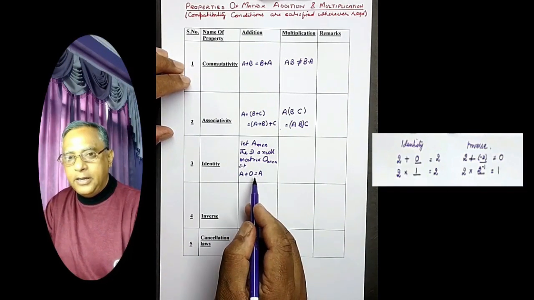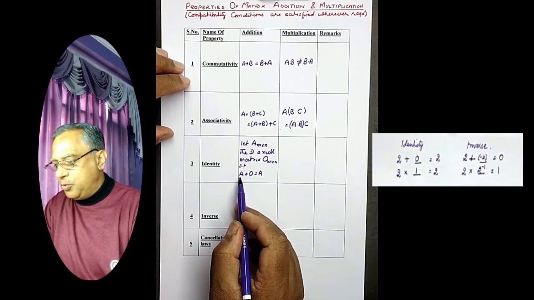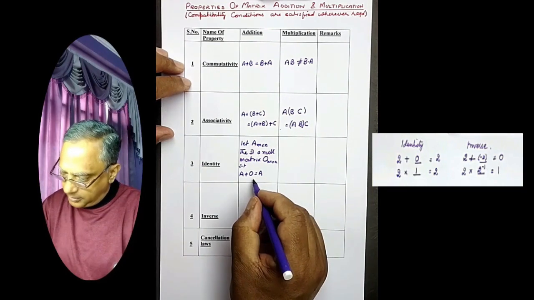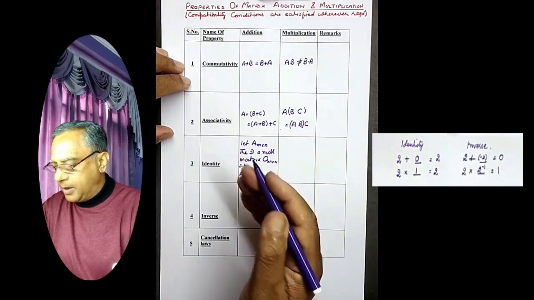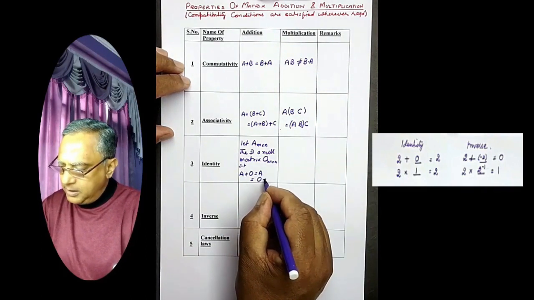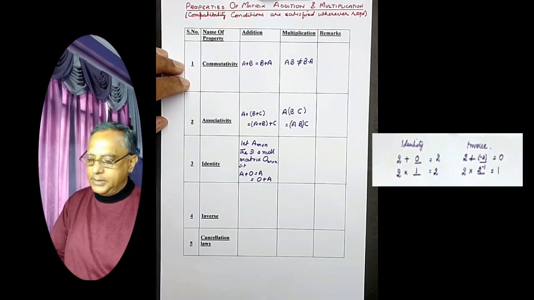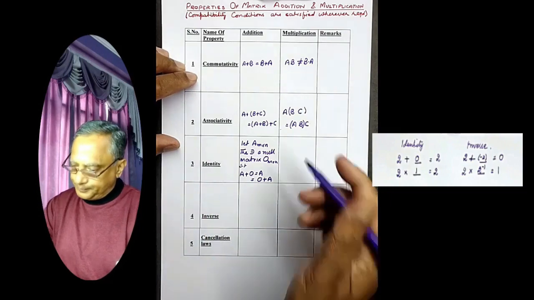That is the identity. Identity is the matrix which, when added to A, leaves it unchanged. It can be added from the right as well as from the left, and the result should remain unchanged. Then O is the identity.